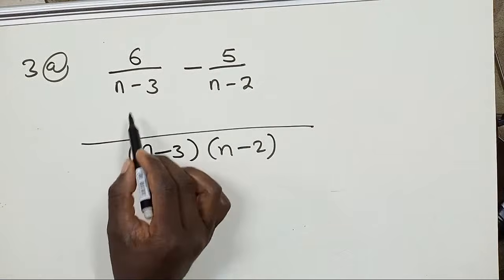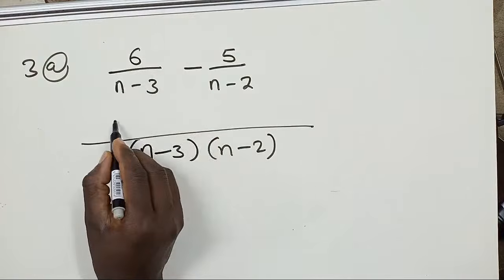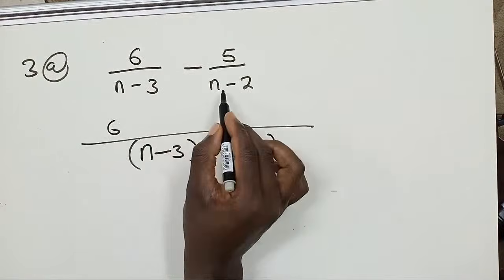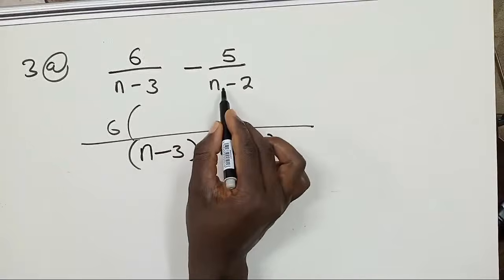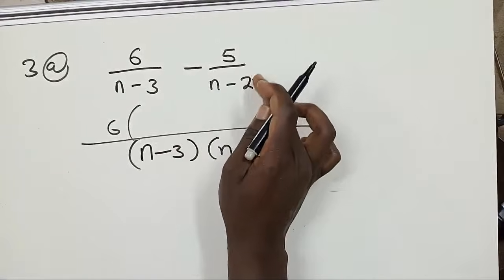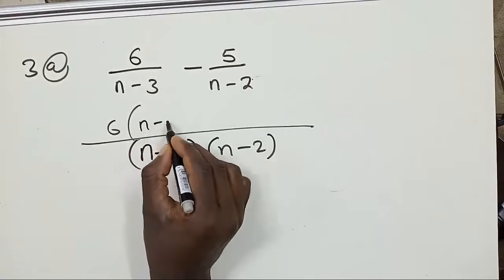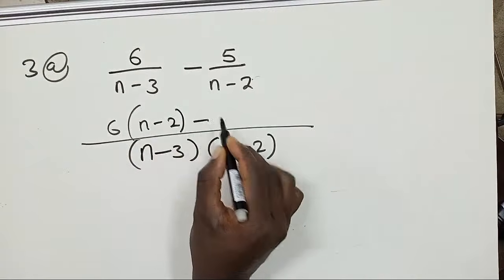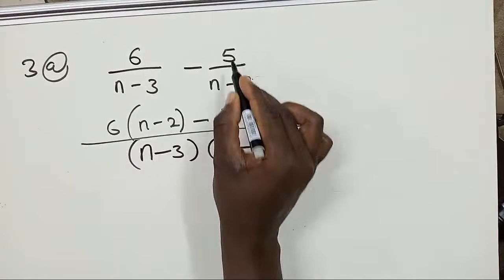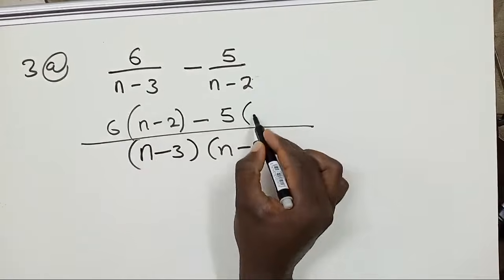And then what's supposed to be here, you start with the number that is here, and then you put brackets. What is on this side down here, put it inside the brackets. And then you say minus, put this number and put what is here inside the brackets.